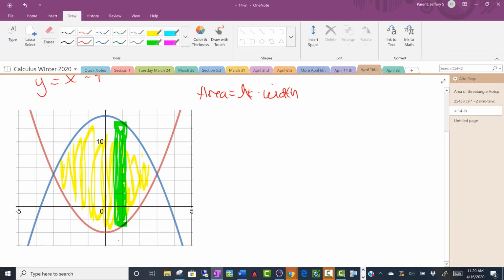The width of this is just going to be the direction in which this slice was taken. That's a dx slice. The height is always going to be the topmost function minus the bottom. So top minus bottom.